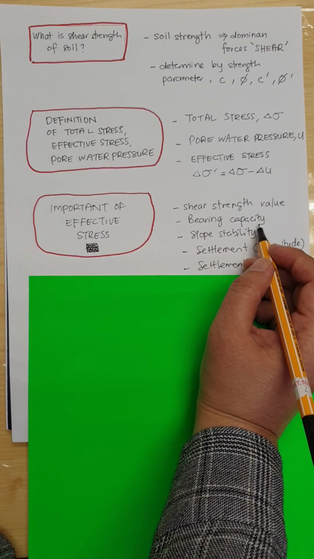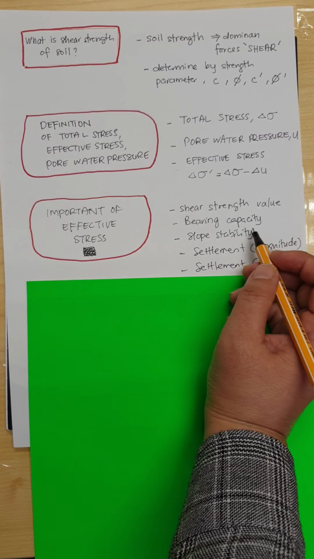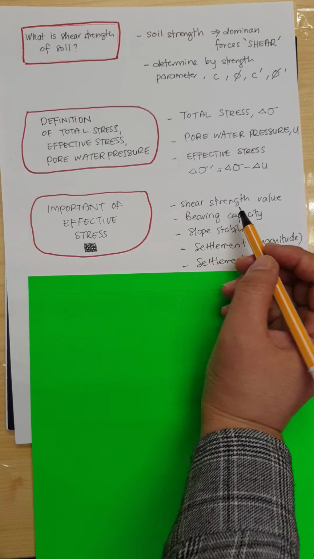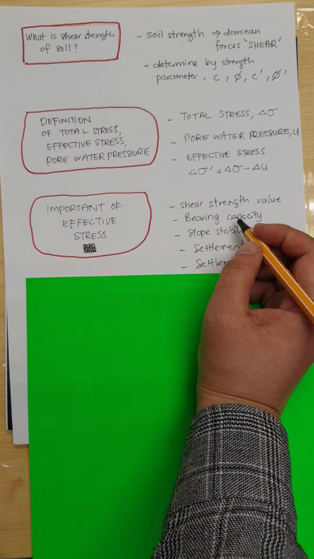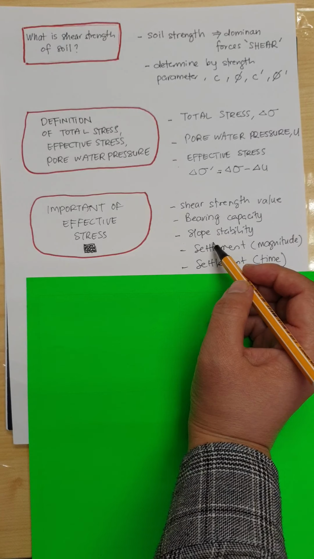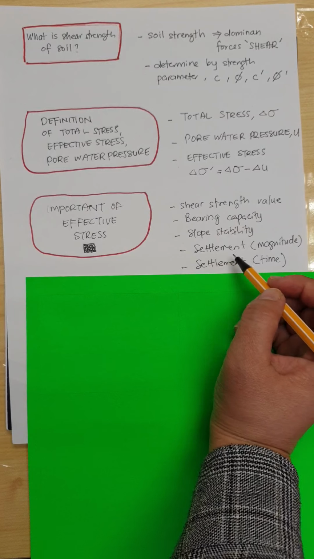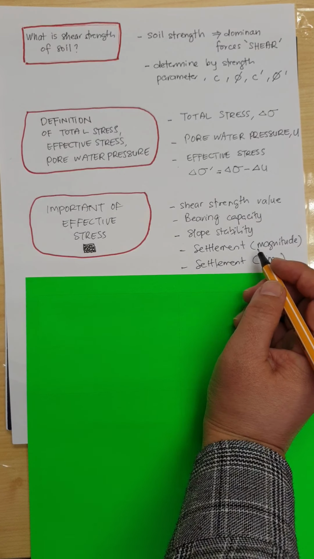If you put any load on top of your soil, how much the soil can withstand is what we call bearing capacity. Shear strength is more in terms of the internal strength of the soil. And then from that, you can calculate slope stability, and you can also calculate the value of settlement.